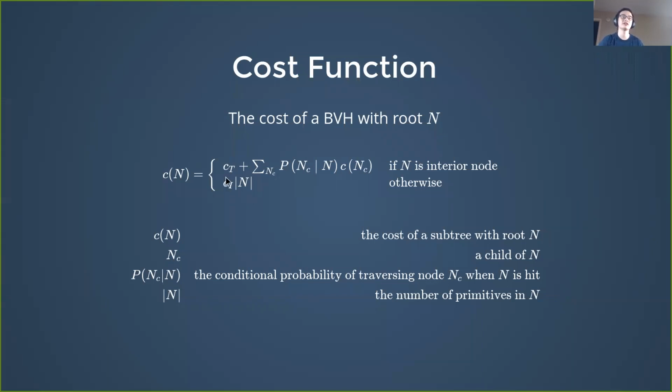If it is an interior node, we have a constant cost of traversing to the child, and also the sum over all the children of the conditional probability of traversing from our current node to these children, times the cost of our children.